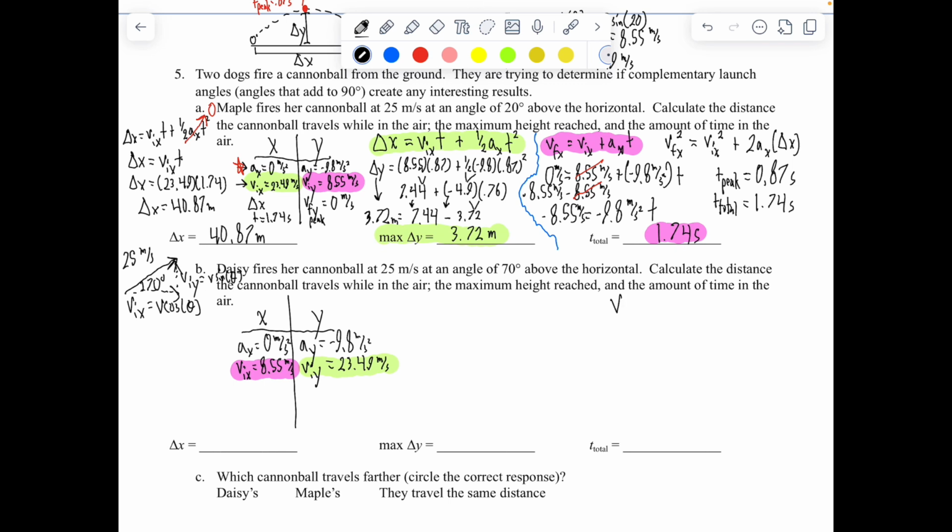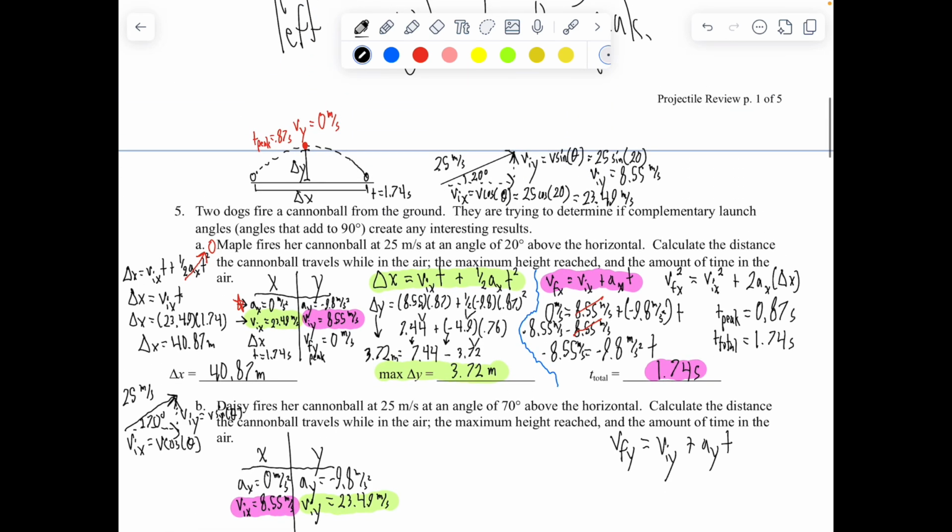And again, we are going to use our Y variables, since we're using vertical. Final velocity in the Y is equal to our initial velocity in the Y plus the acceleration in the Y times time.